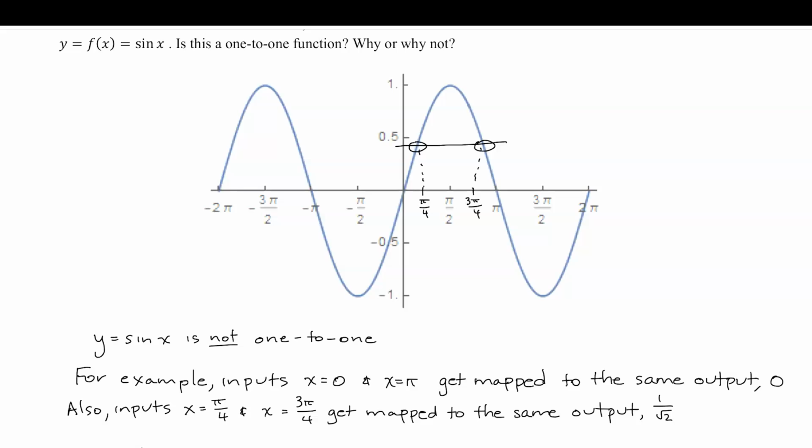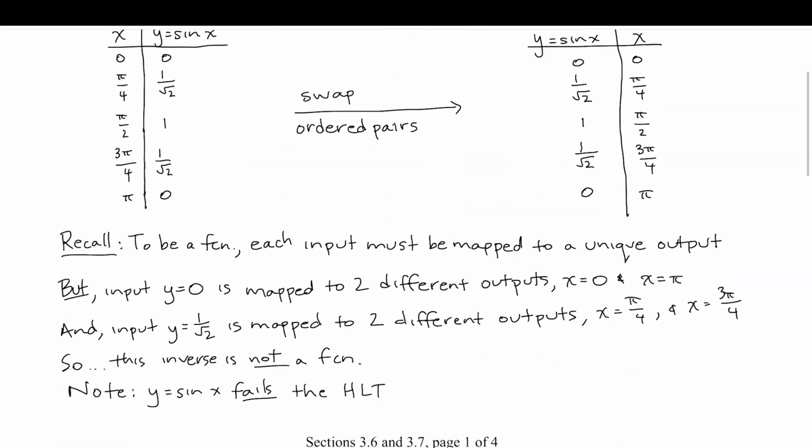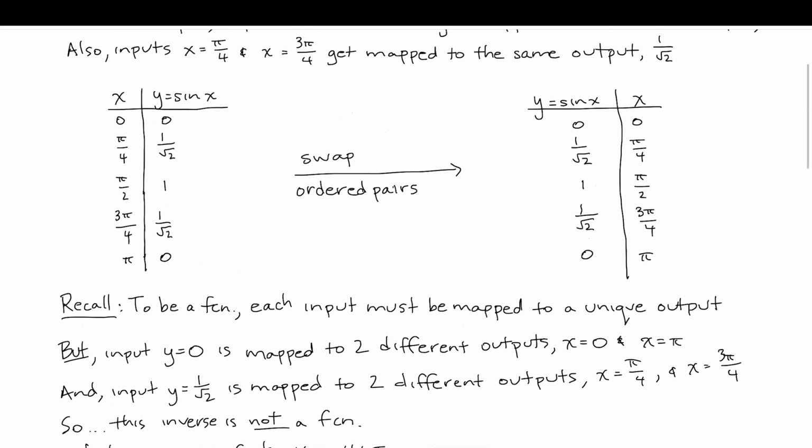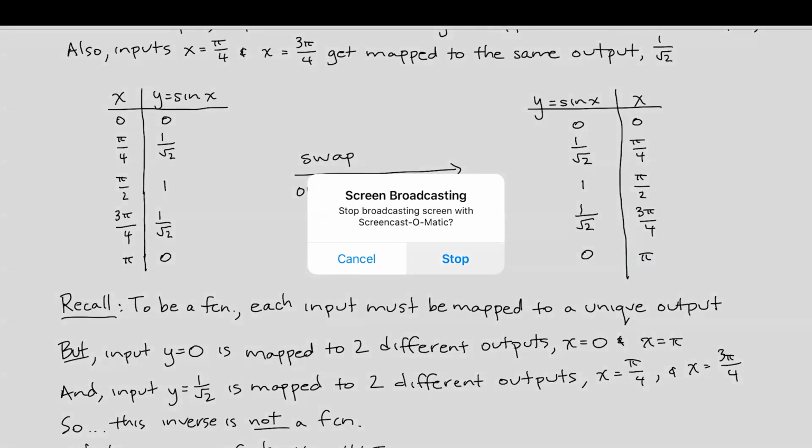Wasn't quite in the right place, but pretend. That means those two inputs get mapped to the same output on the original function, which means when I look at the inverse, that y value of 1 over root 2 becomes my input, and that is then getting mapped to two different outputs, which means that inverse is not a function.